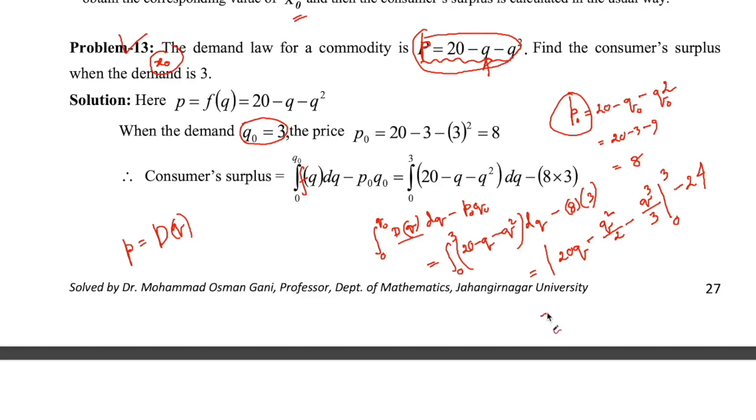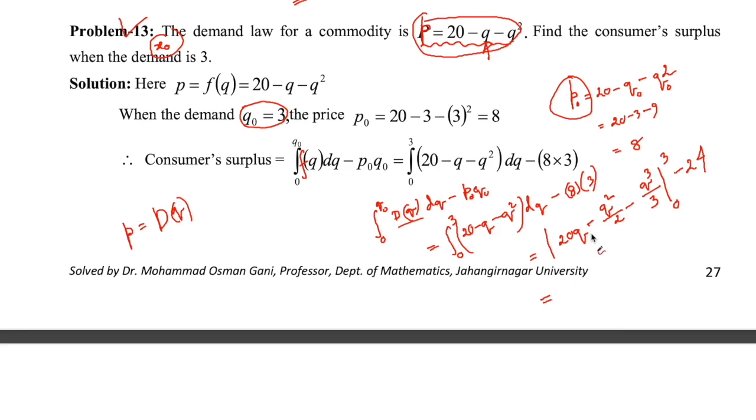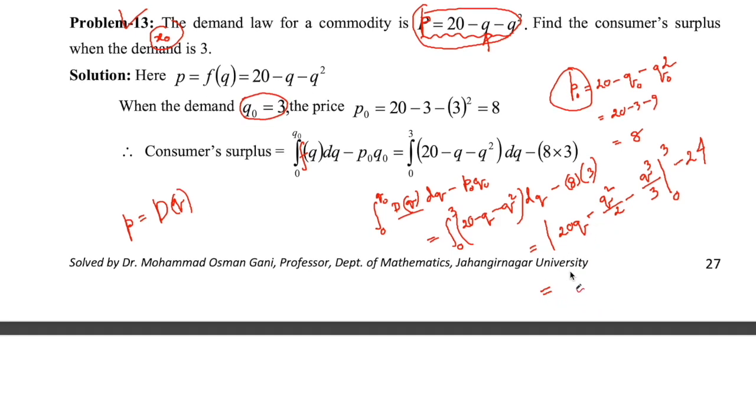Now what do we do? Do we put the upper limit first or the lower limit? The upper limit. So if you put the upper limit here, what will it be? 20 times 3 is 60, minus 3 square by 2, which is 9 by 2, minus 3 cube by 3, which is 27 by 3. And if you put the lower limit, it will be 0, minus 24.